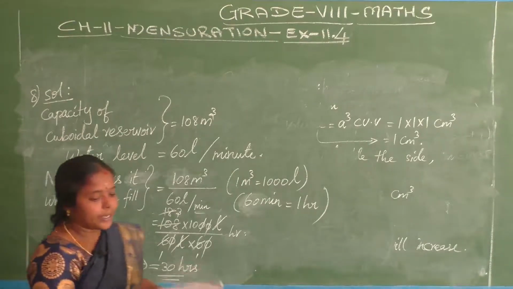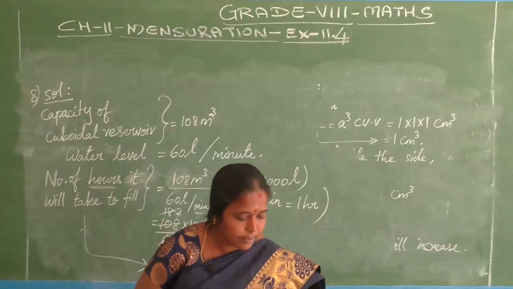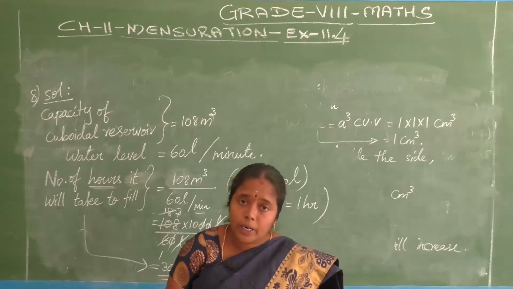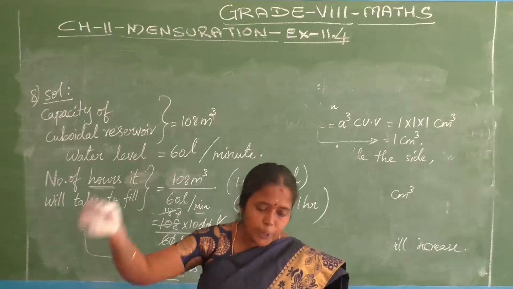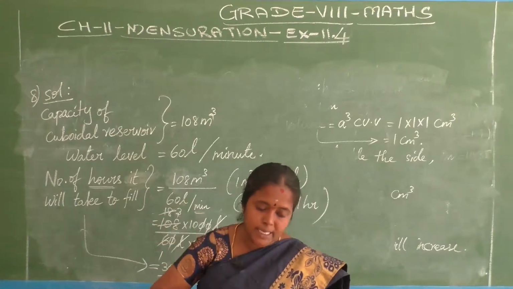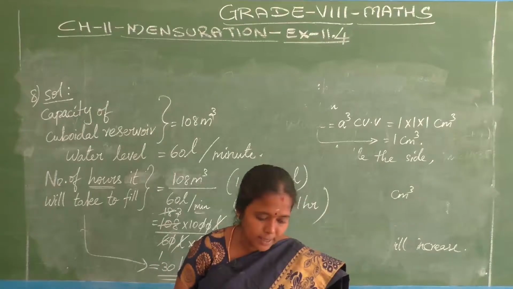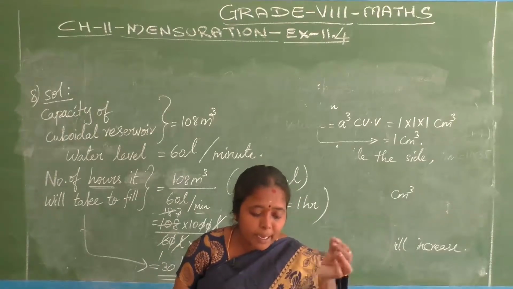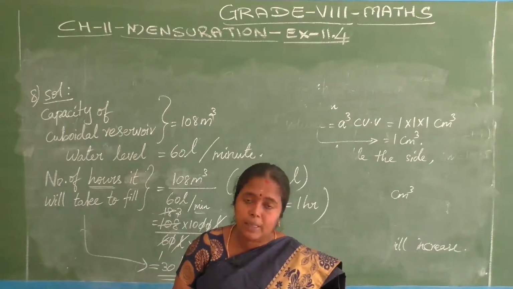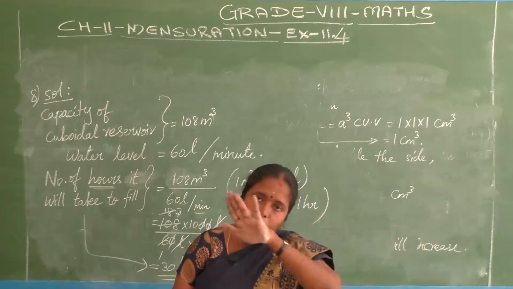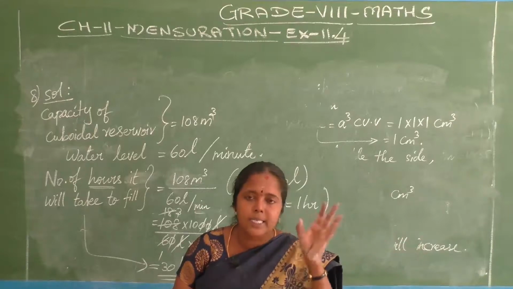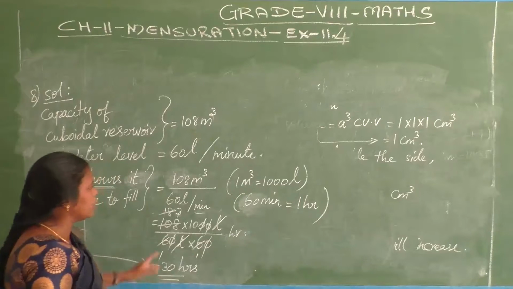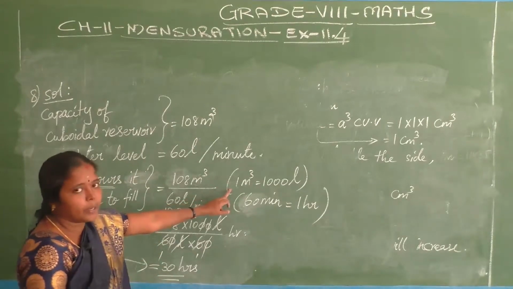Clear? What I did: what is given is the cuboidal reservoir volume of 108 meter cube, and the speed of pouring water into it is 60 liters per minute. What they are asking is to find the number of hours it will take to fill the reservoir. For completing the whole reservoir, how many hours will it take? It is just simple work, but the conversion must be made carefully.